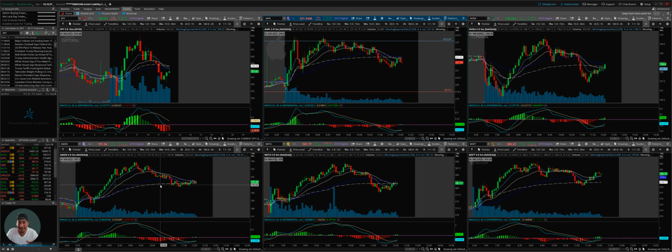So those are all the things that I look for that give me the confirmation that helps with my strategy. I just don't use one thing. I use multiple factors that give me the confidence whether I should get in that position or get out of the position. So I use key levels such as support and resistance. I use indicators such as the 9 EMA, the 20 EMA, and the 50 EMA.